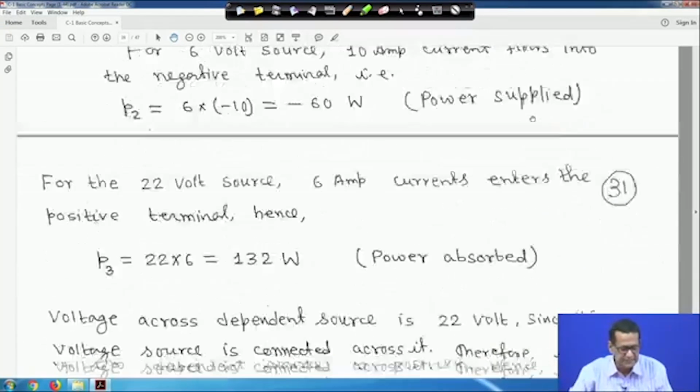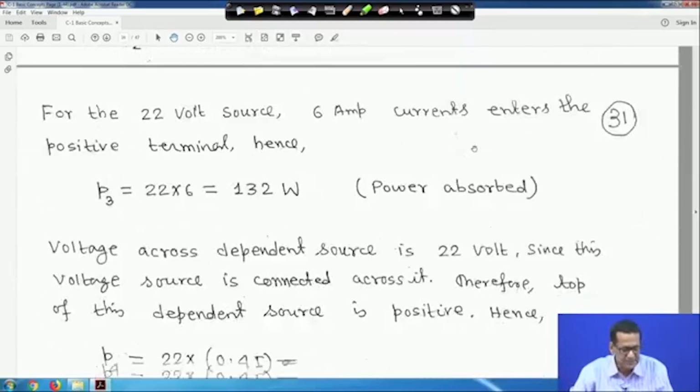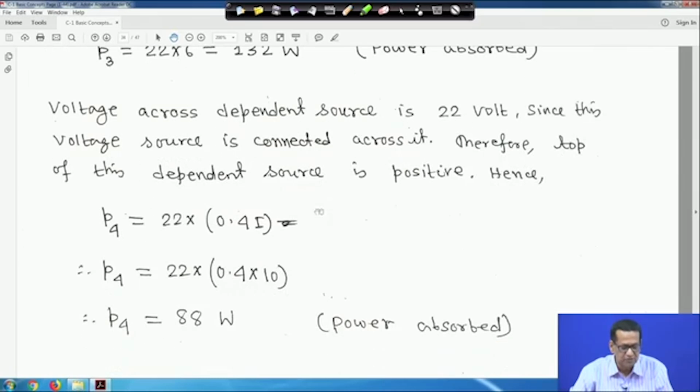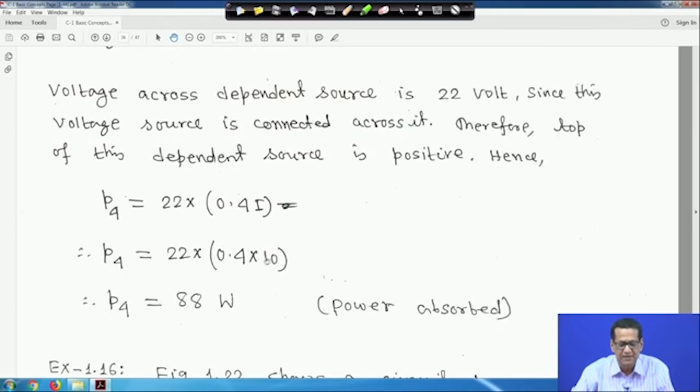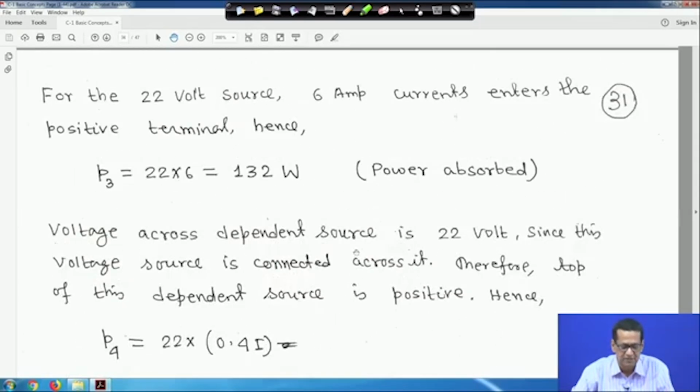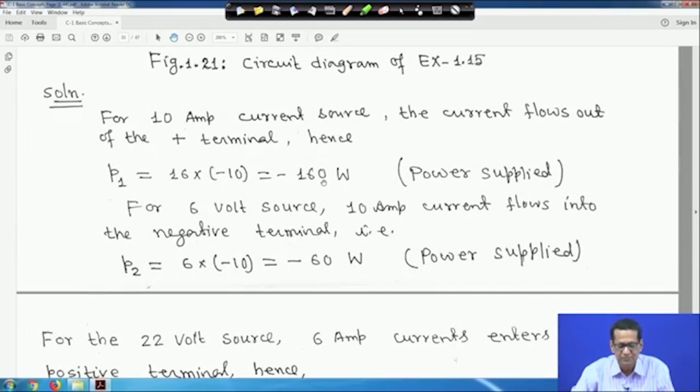If you come to this, this is actually P4. So, P4 is equal to 22 into 4 ampere, so 88 watts. So, power absorbed. Now, if you add 132 and 88, this is power absorbed, it will come to 220. And if you see the power supplied, it is minus 160 and minus 60, so minus 220. So, it is exactly matching.